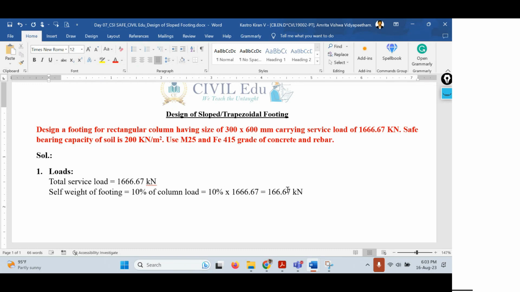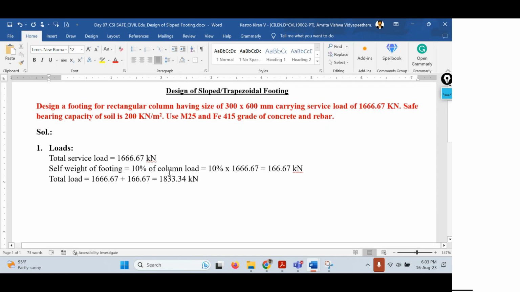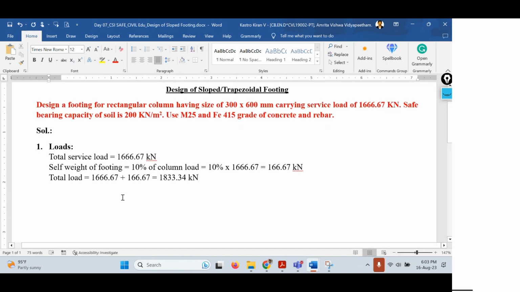This is the self weight of the footing. From this, we can calculate the total load, that equals 166.67 plus 166.67. So that's the total load, which will be 1833.34 kilonewtons. This is the total load that is coming onto the footing.